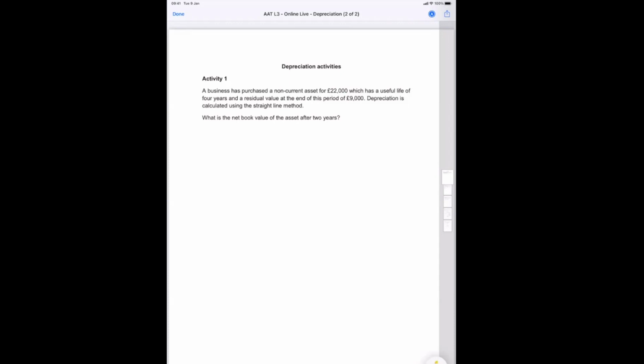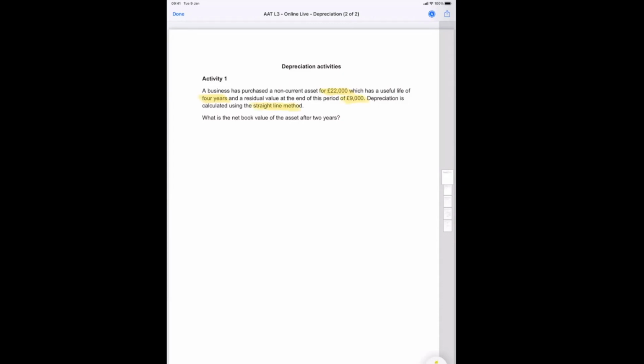This is a typical question you might get asked in an exam, where we have to use the straight line method to calculate depreciation. Some of the key points to note within this question are how much the asset cost when we first bought it, which in this case is £22,000, how long the business intends to keep the asset, and the residual value at the end of that period.